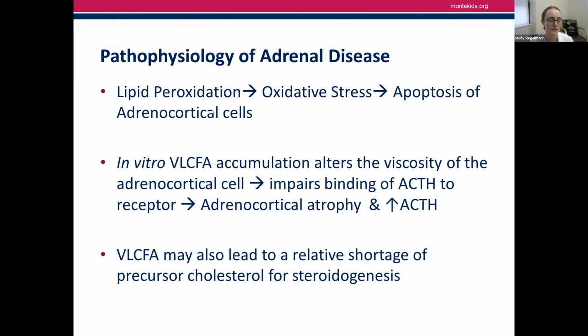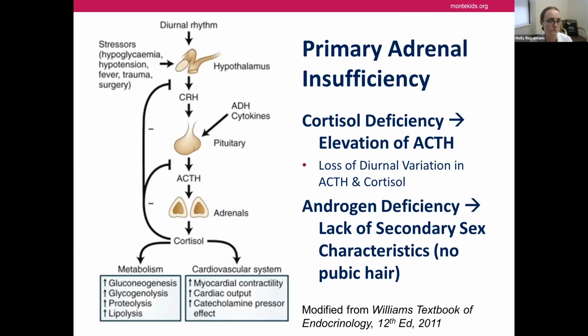There also is evidence that those very long chain fatty acids disrupt the ability of the hormone that turns on the adrenal glands, the ACTH, to bind to the receptor on the cortex of the adrenal gland. And then very long chain fatty acids also are needed to be able to make cholesterol, which is a precursor to all of the steroids that are produced in the adrenal cortex.